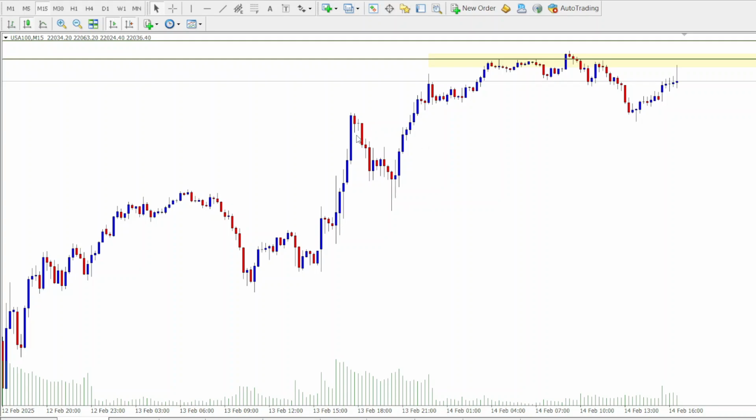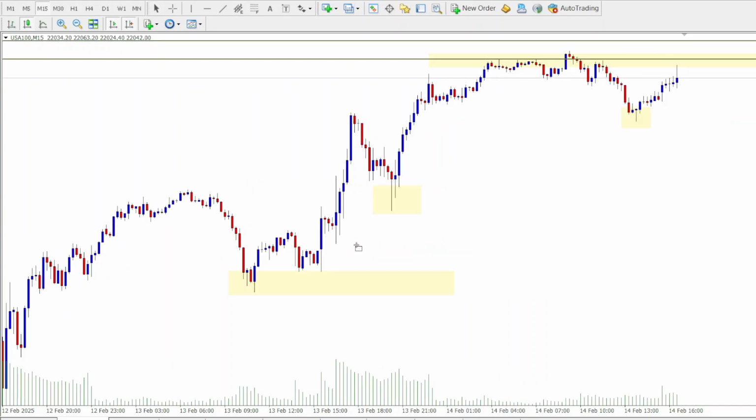So when you notice notable swing highs and lows, just know that liquidity builds up around these areas.